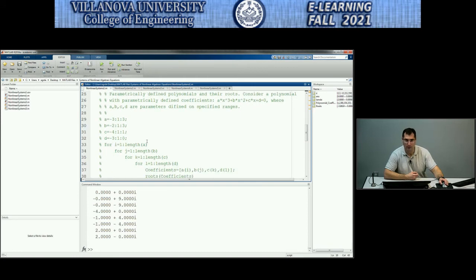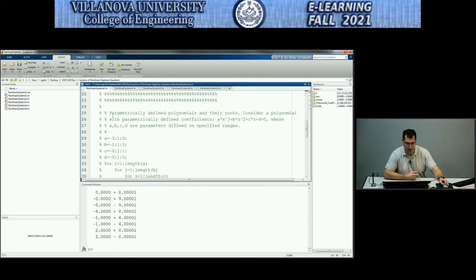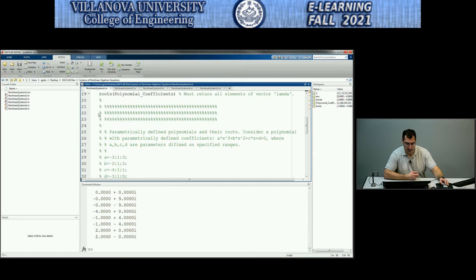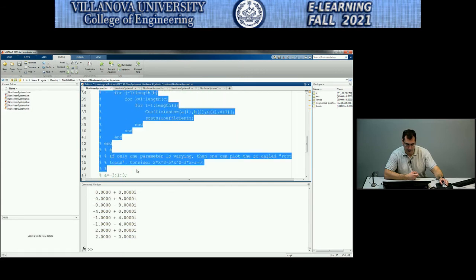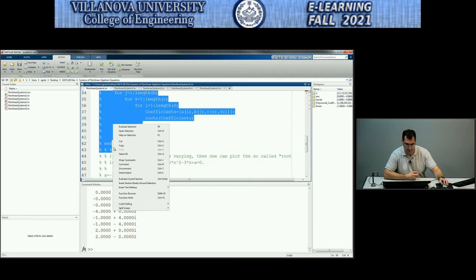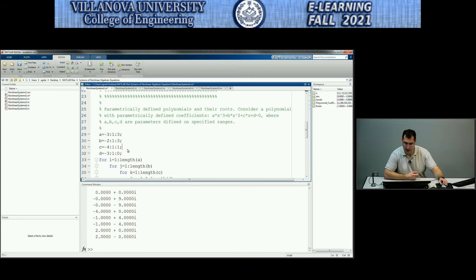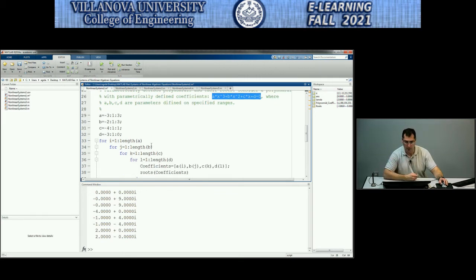Sometimes you would have to solve parametrically defined polynomials. Let me show you how to handle this. Let's say I am trying to solve the polynomial a times x to the power of 3 plus bx squared plus cx plus d, and all those coefficients a, b, c, and d are varying. So for different values of those parameters, I need to find out the roots of that polynomial.